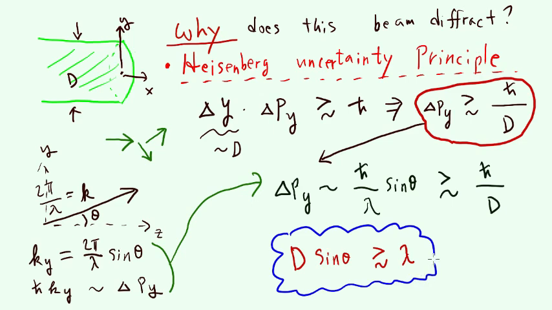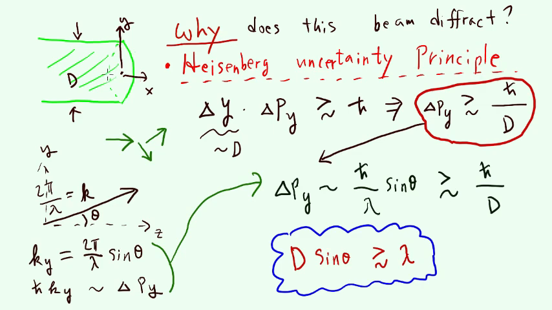We saw that d sine theta being on the order of lambda is the diffraction condition. We derived the same condition from the Heisenberg uncertainty principle, and that's the quantum mechanical view of diffraction physics, and that's how angular uncertainty is associated with the Heisenberg uncertainty principle along the y direction. And of course, this y direction is not special.